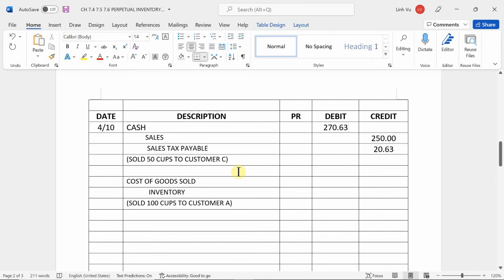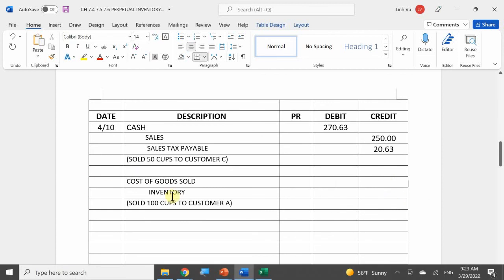Now, if it cost me $1.36 each, how much is my total cost of goods sold?